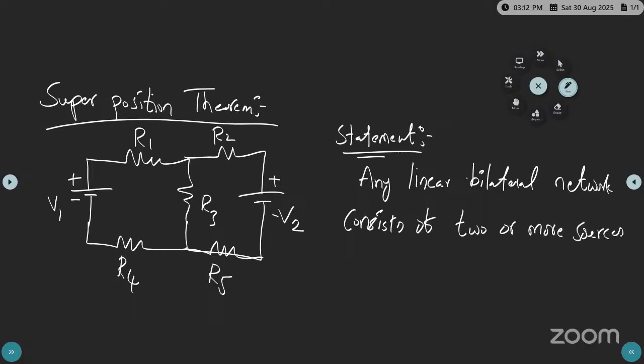How many sources are there here? Two sources. So, the limitation of the superposition theorem.